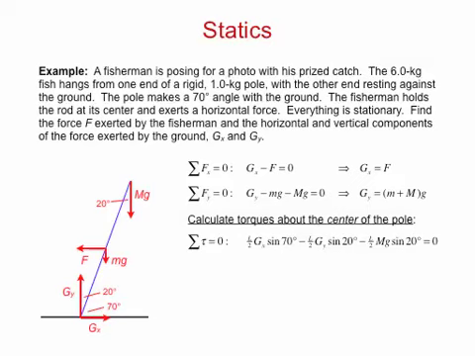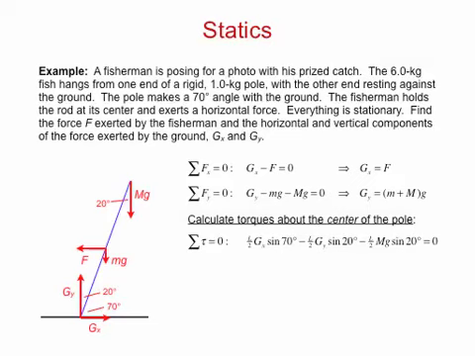G sub x would tend to make the rod rotate counterclockwise about its middle, whereas G sub y and big M g would tend to make it rotate clockwise. Thus, G sub x gives rise to a positive torque, and G sub y and big M g negative torques. All three forces act at the same distance, L over 2, from the midpoint.